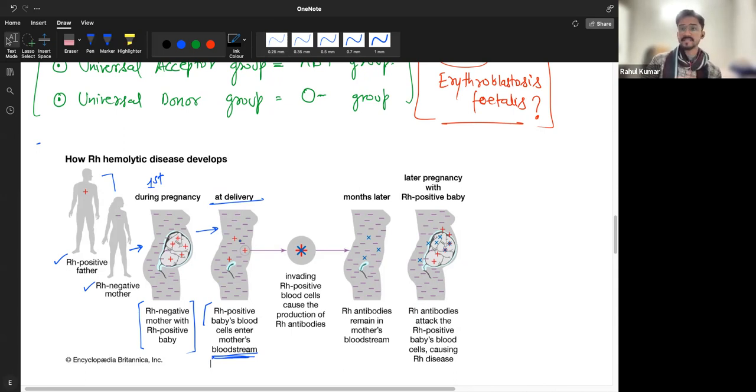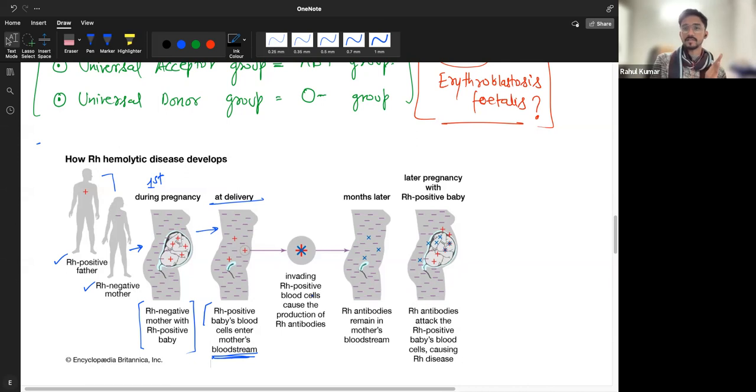The mother's blood has never seen an Rh factor before. Now, suddenly it sees an Rh factor. So what will the mother's blood do? It will make antibodies against it. It will elicit a response from the mother. The mother's blood will think, oh, there is something which is not ours. We don't know this thing because it was always Rh negative. It has no Rh antigen.